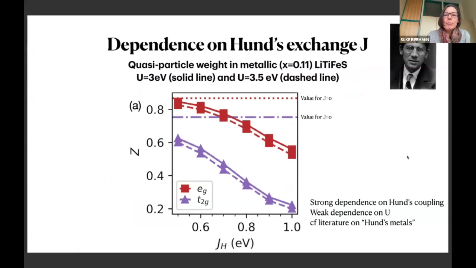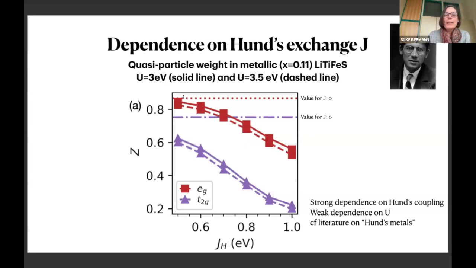In particular, what we have looked at here is the quasi-particle residue, so the weight of the quasi-particles in the metallic state, as a function of the value of the Hund's coupling. And what we find is that the value for J equals 0 would be about 0.7 something or 0.9, depending on whether you look at the T2G orbitals or the EG orbitals.